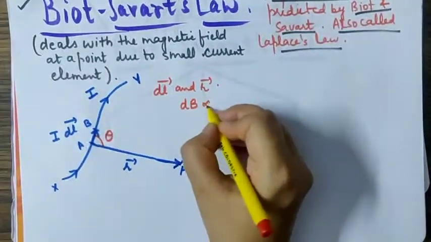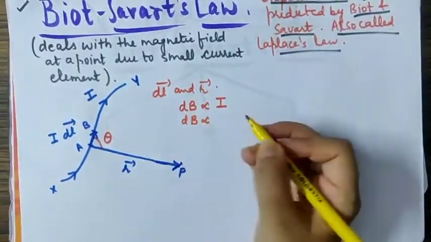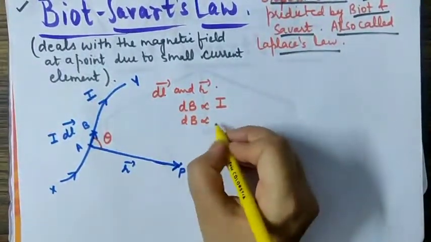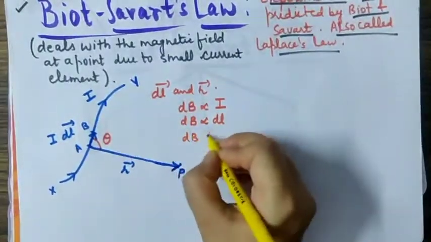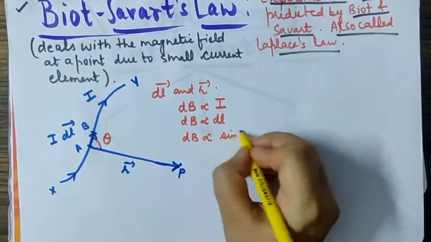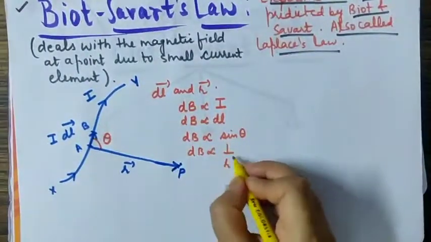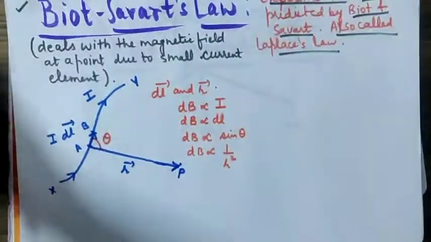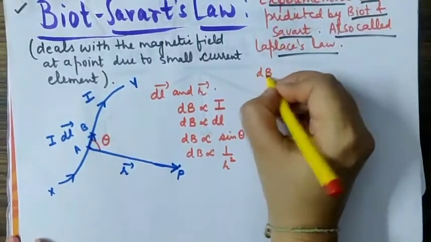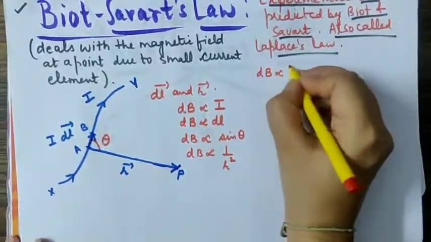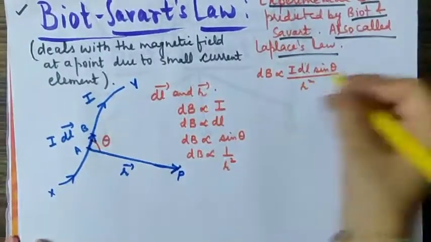So dB is found to be directly proportional to current, because it is an experimental proof. It is found to be directly proportional to dl, directly proportional to sine theta, and inversely proportional to r square. Now if I collect all these, dB is proportional to I dl sine theta over r square.